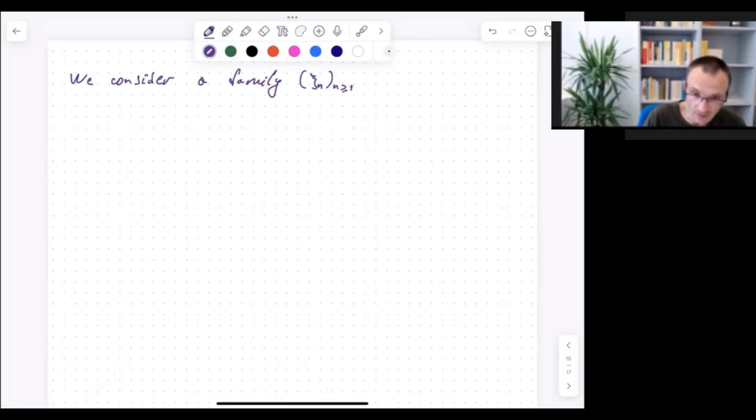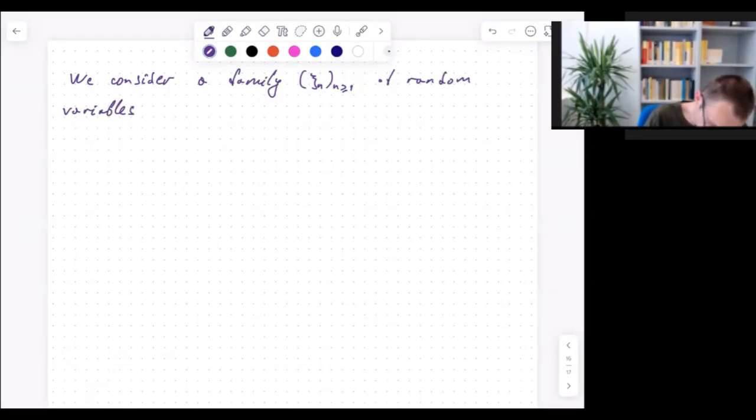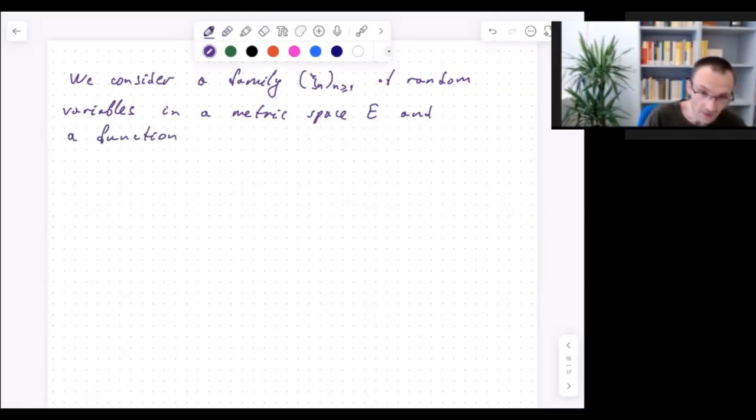And for this family of random variables in a metric space E, let's also consider a function k that is continuous and bounded.